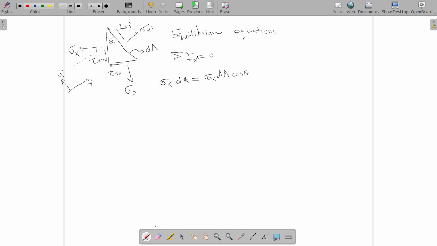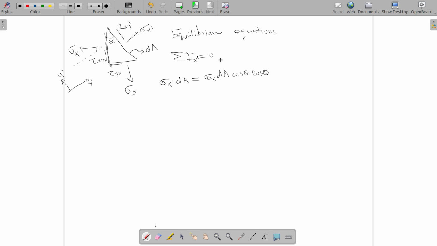So cos theta of this whole term. So why do you have two cos thetas here? First cos theta is associated with the area. dA cos theta is the area here. And sigma x dA cos theta is the force.